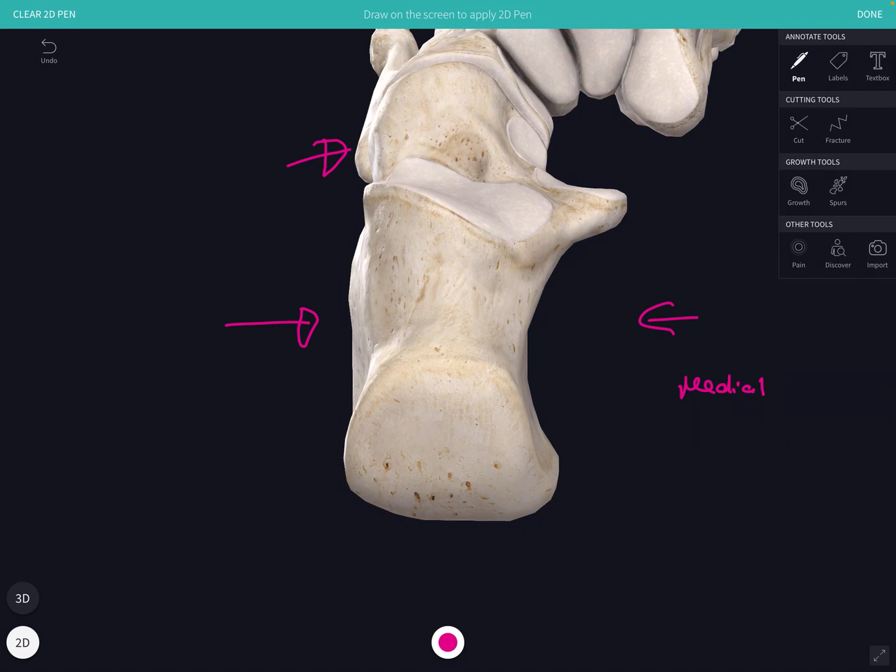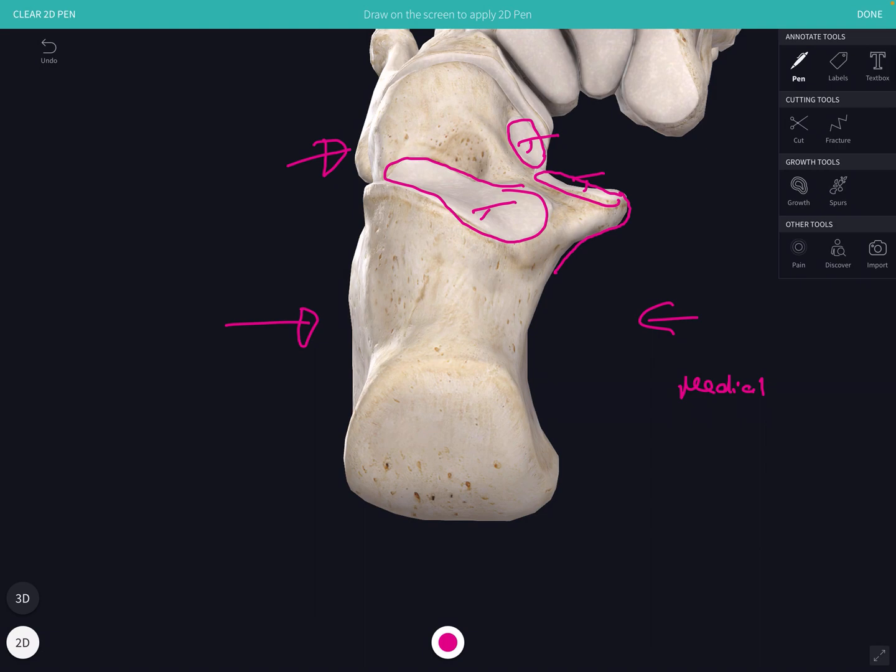We can see that the medial surface has this prominent shelf-like projection, which we've talked about already, the sustentaculum tali. And again, that carries an articular surface, which articulates with the talus. And that's the calcaneum.